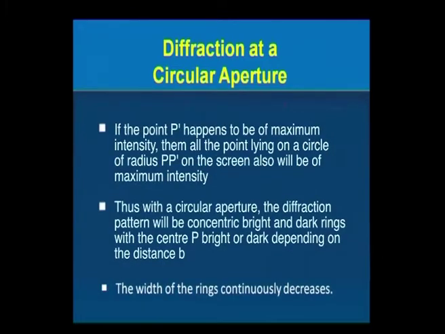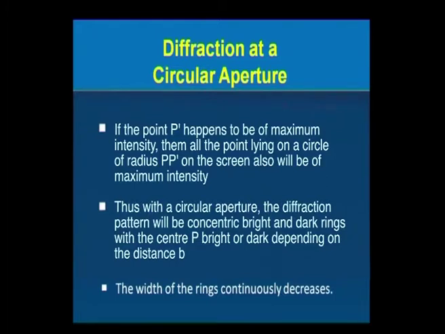If the point P prime happens to be of maximum intensity, then all the points lying on a circle of radius PP prime on the screen will also be of maximum intensity, something like Newton's rings. If a particular point is intense, then all the points with the same radius will have similar intensity.